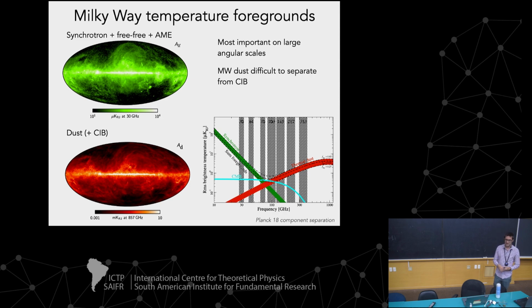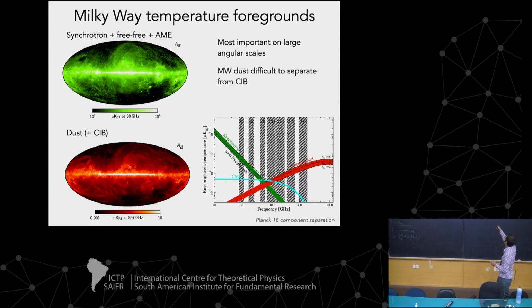So by being on the ground, you suffer from the atmosphere's emission, which is a source of noise, and which also makes it very hard to observe at many different frequencies. So the place where space really helps is because you don't have the atmosphere, you can observe in many different frequency bands. And this is what something like Planck did, and something like LiteBIRD aims to do. So yeah, it does help to be in space.